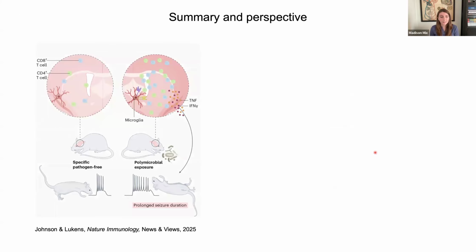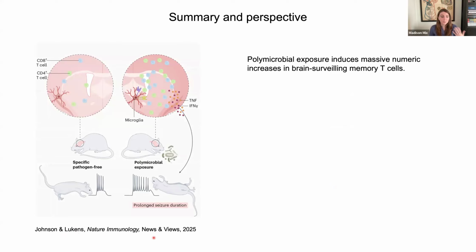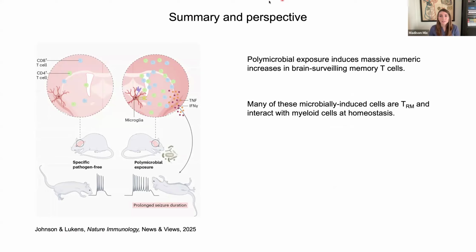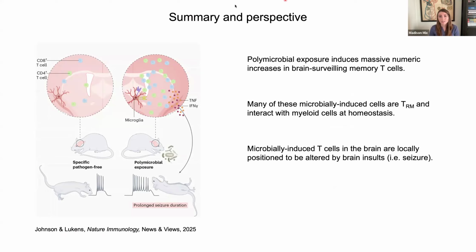And so overall, I think this work is perhaps best summarized by Alexis Johnson and John Lukens in this Nature Immunology News and Views. But to briefly summarize, we've shown that polymicrobial exposure can induce massive numeric increases in brain-surveilling memory T cells, that many of these T cells are TRM that interact with myeloid cells at homeostasis, and that they are in the brain.